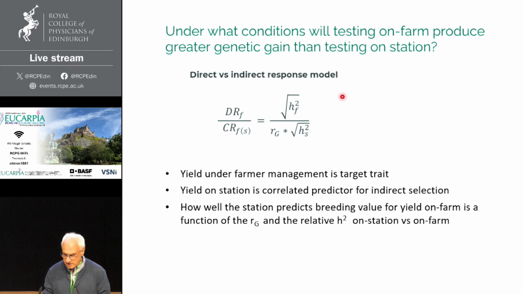Under what conditions will testing on-farm produce greater genetic gain than testing on the station?